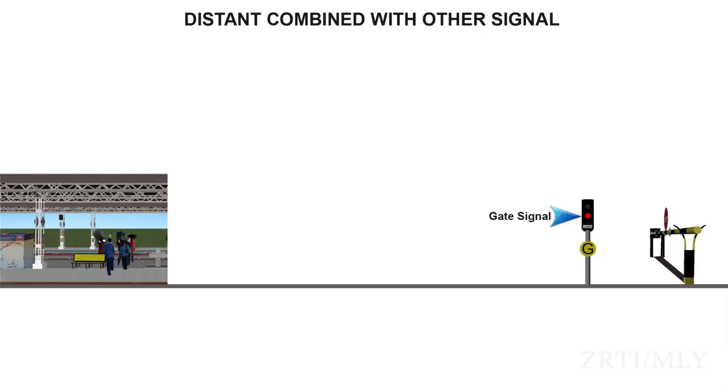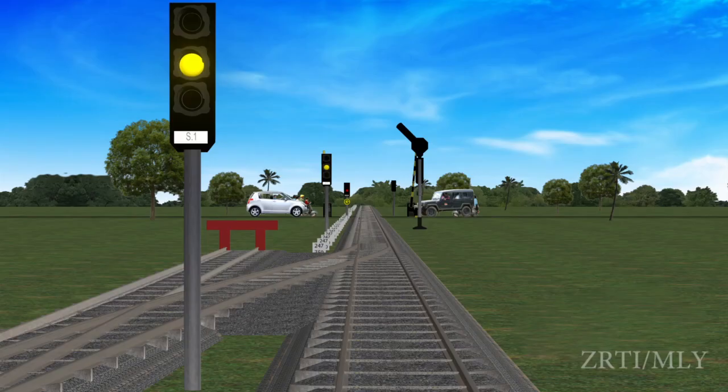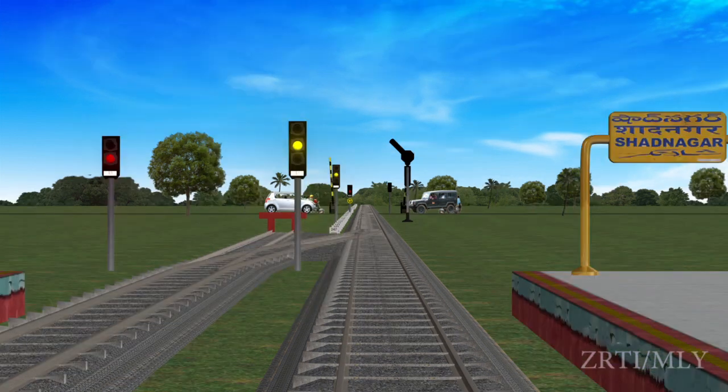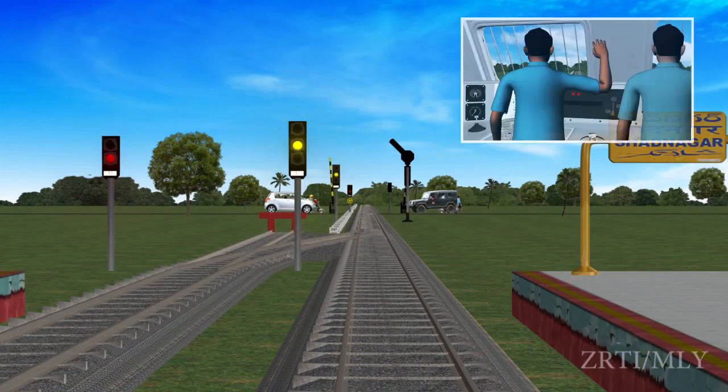Distant signal, due to its location of placement, may sometimes be required to be combined with last stop signal or IB signal. Starter signal, caution. Advanced starter signal, caution.